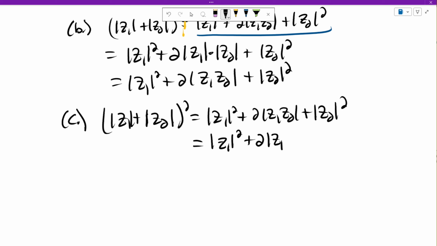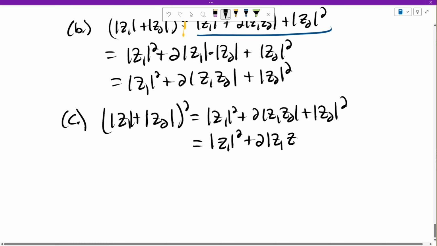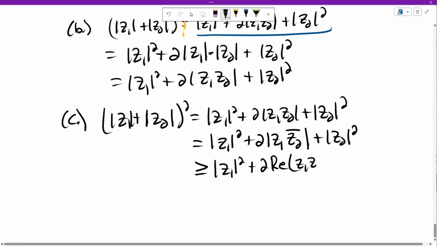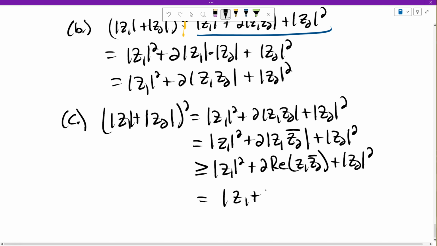The modulus of a complex number is the same as the modulus of its conjugate, so we can just conjugate that guy. The reason we want to conjugate one of them is to use part A. So now we can say bigger than or equal to the modulus of z1 squared plus twice the real part of this middle term plus the modulus of z2 squared. And this was exactly the modulus of z1 plus z2 squared.